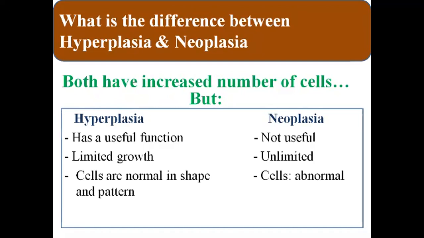In hyperplasia, cells are normal in shape and pattern. The cells are similar to the original ones. However, in neoplasia, cells may have some abnormality compared to the original cells, right? Hyperplasia is diffuse in the affected tissue.